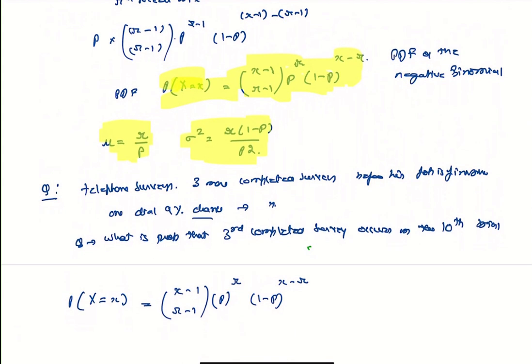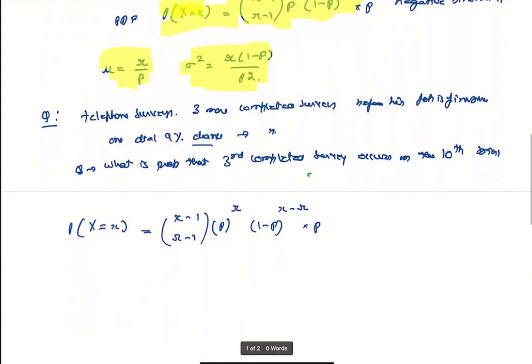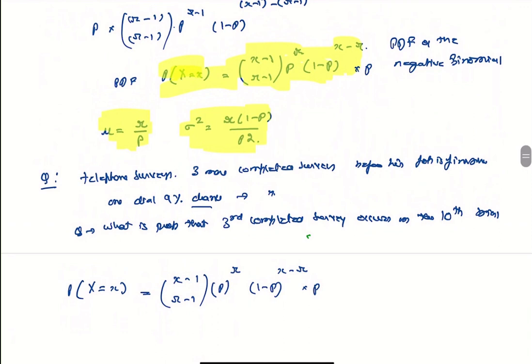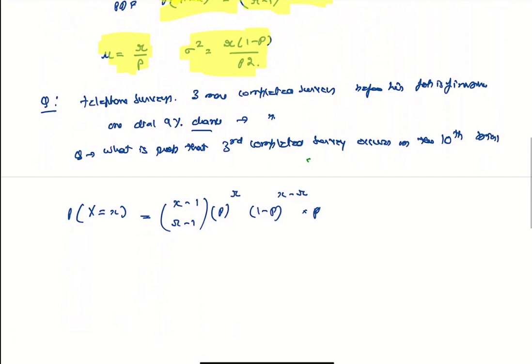Actually, there has to be a p also in it, because you multiply that with the p, and that's the formula. Actually, that's not right. This is p to the r minus 1 and this is p, so the p's combine, so that's the formula.